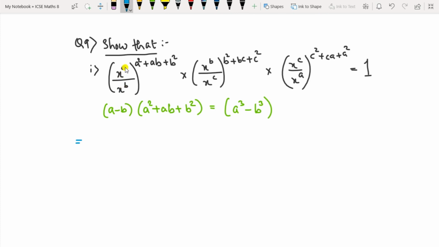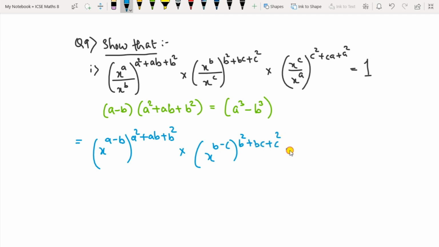This is division, so the power gets subtracted, so it becomes of the form a minus b, and the bracket a square plus ab plus b square, into x raised to b minus c, it becomes b square plus bc plus c square, and this is x raised to c minus a, so this becomes c square plus ca plus a square.